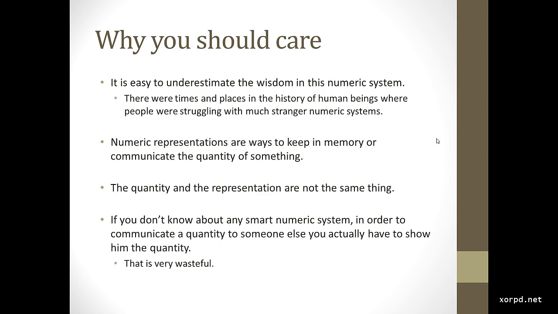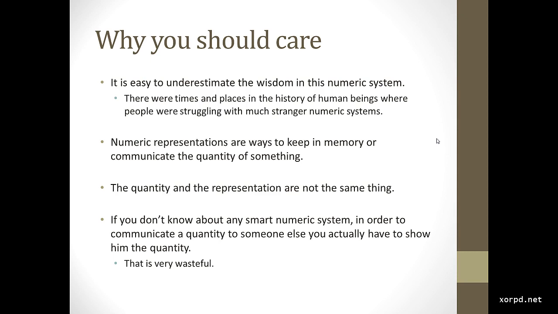Another reason for which you should care. If you don't know about any smart numeric system, in order to communicate a quantity to somebody else, you actually have to show him the quantity. And this is very wasteful. Imagine that you want to tell someone about some very large amount of objects. Maybe a pack of stones. Really lots of stones.